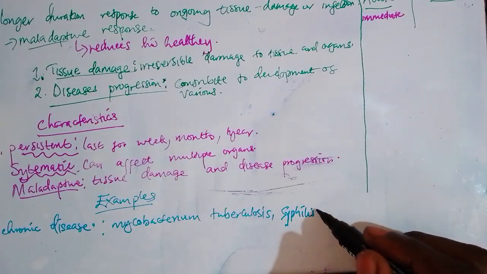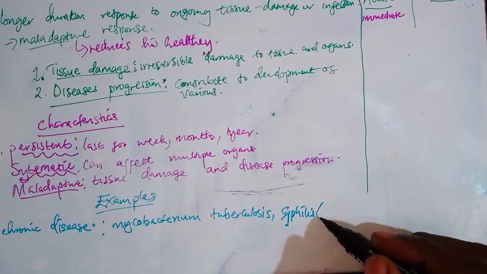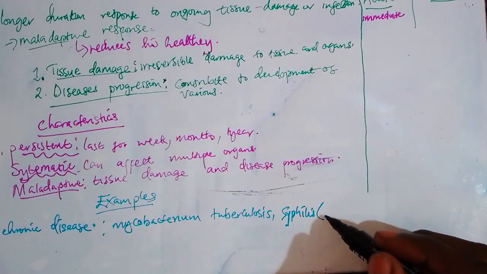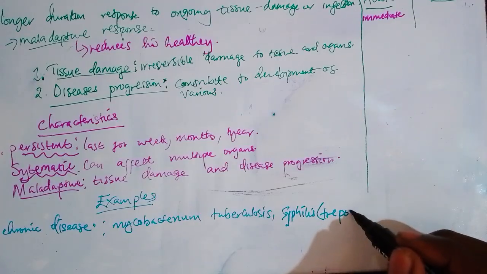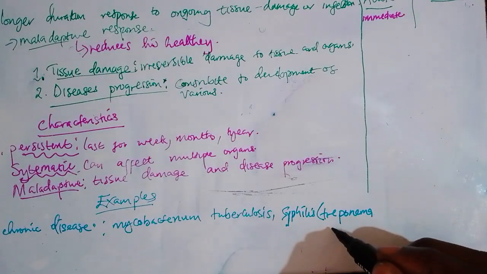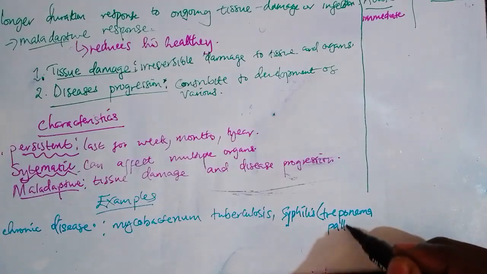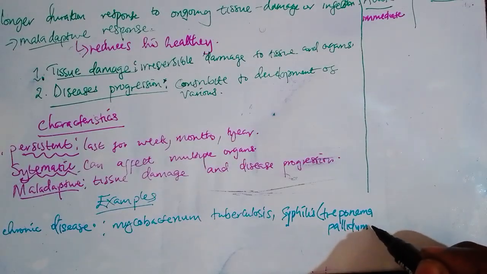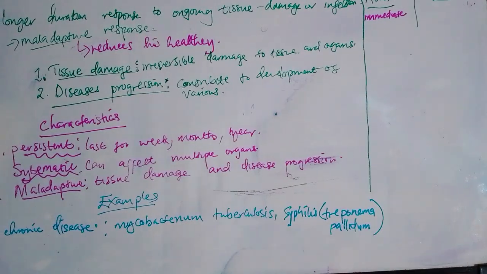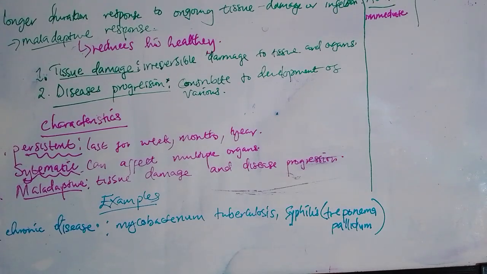Chronic inflammation. So syphilis is caused by a bacteria which is known as Treponema pallidum. So these bacteria, you will learn them in your what? Microbiology.